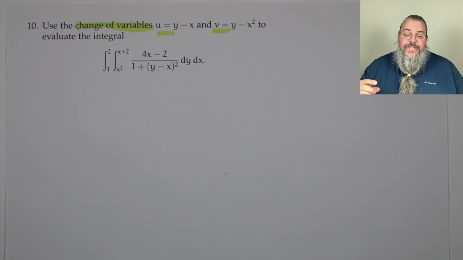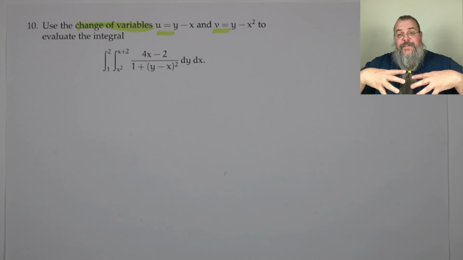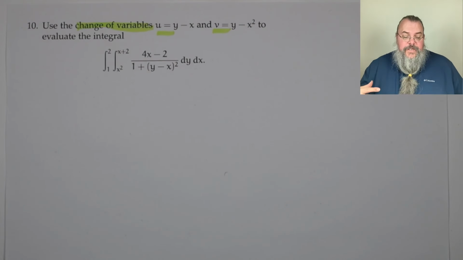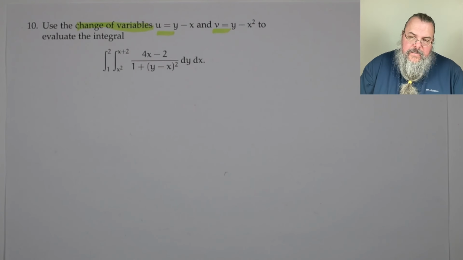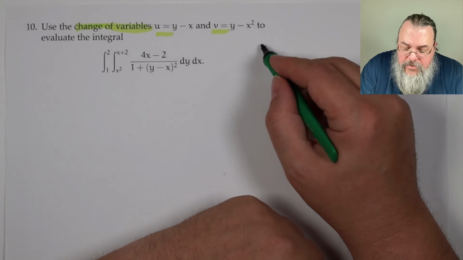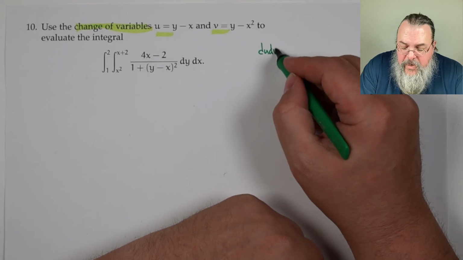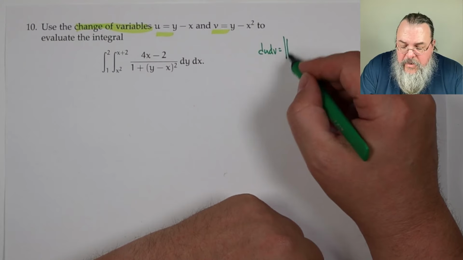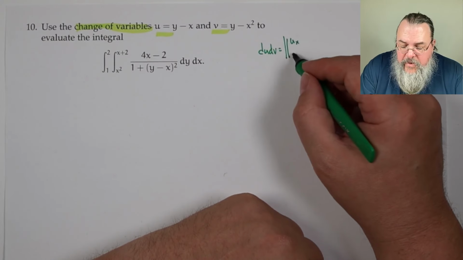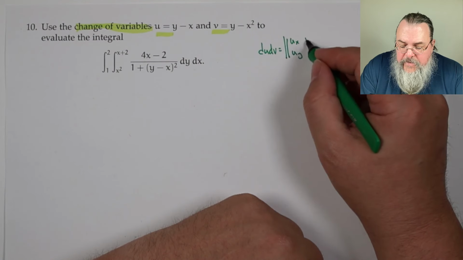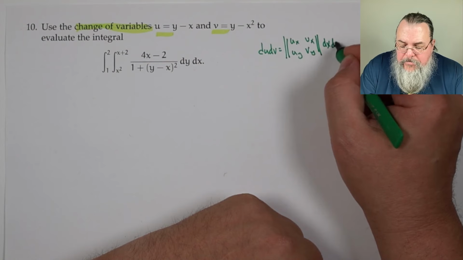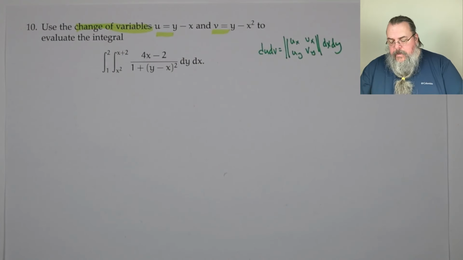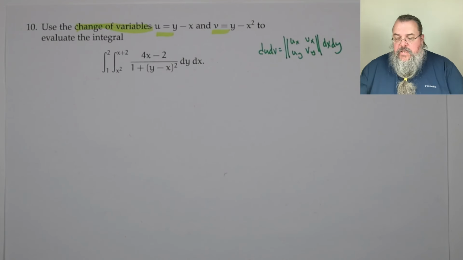Now, when it comes to change of variables, there's an important formula on the formula sheet, and it says the following. It says du dv is equal to the determinant of u sub x, u sub y, v sub x, v sub y, dx dy. And so we're going to need that.